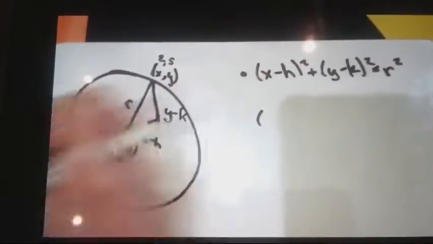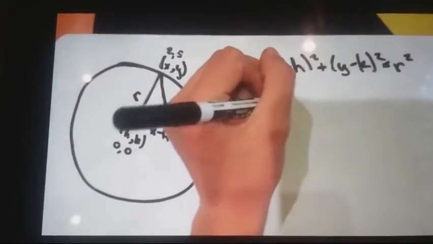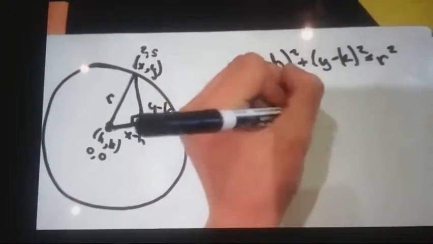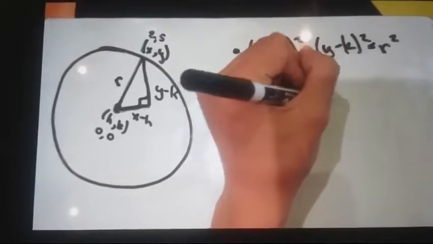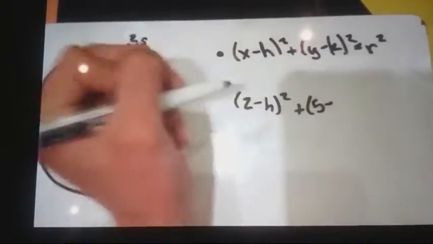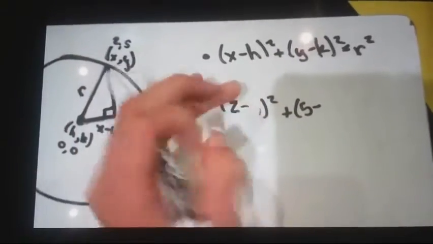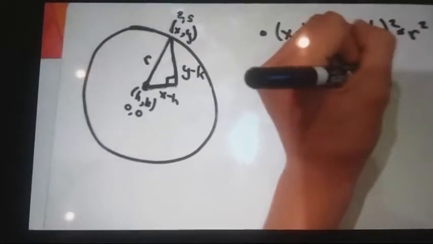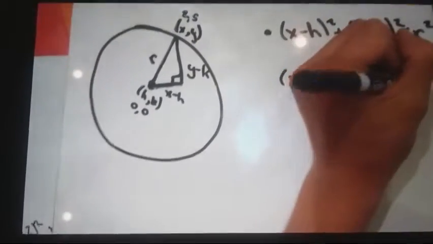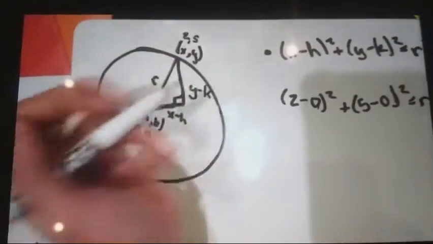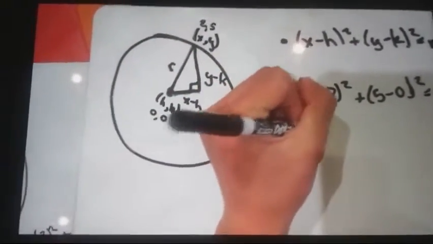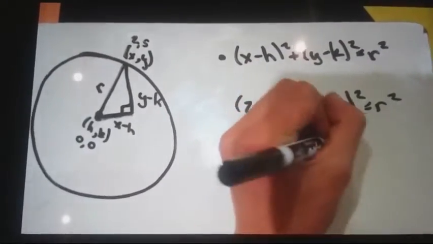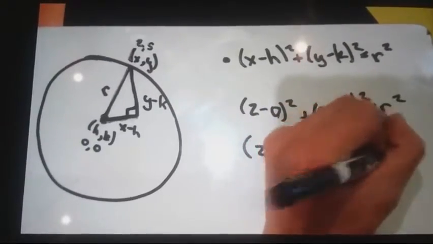So if x is 2, that would make x minus h, 2 minus 0, squared, plus y, which equals 5, minus k, which is 0, squared, and this equals r squared. So this would equal 2 squared plus 5 squared equals r squared.